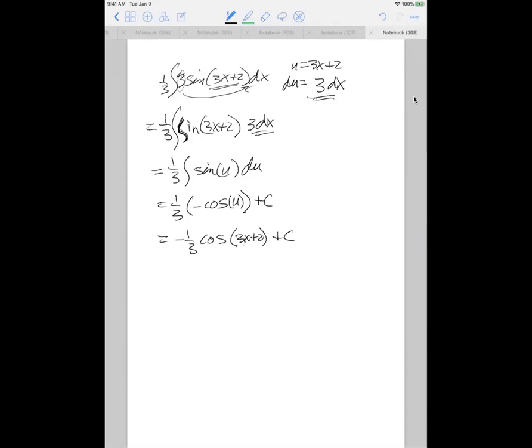And then I have to use the chain rule and get a 3, and that 3 is countered by this 1/3. They would cancel out, and you'd end up getting back to just the sine of what you started with, okay? So I want to make sure you see that constant multiple thing is a real situation that does show up, okay?